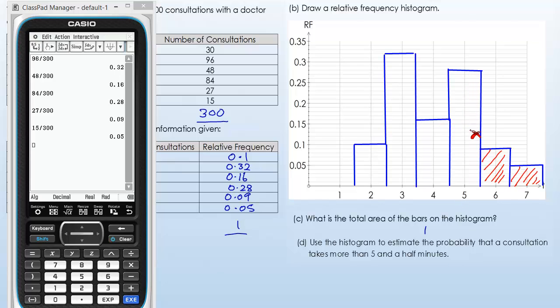So 5.5 minutes is actually exactly on that line there. So we want all of this bar and all of this bar, so that's just going to be 0.09 plus 0.05, which is 0.14.